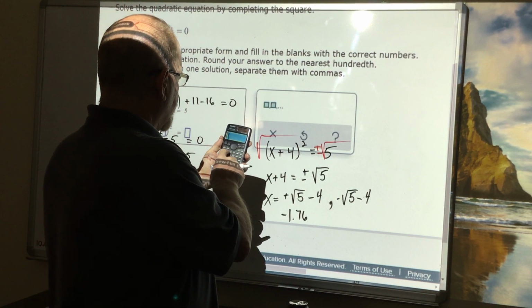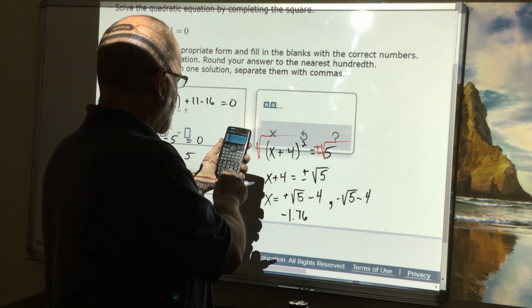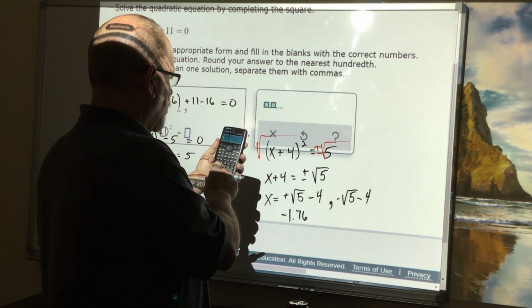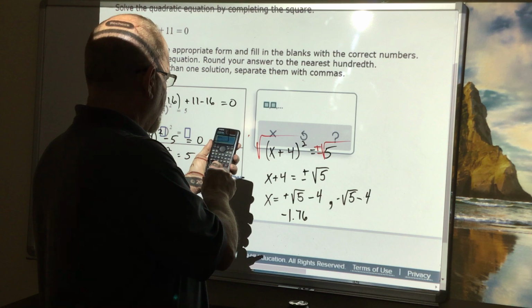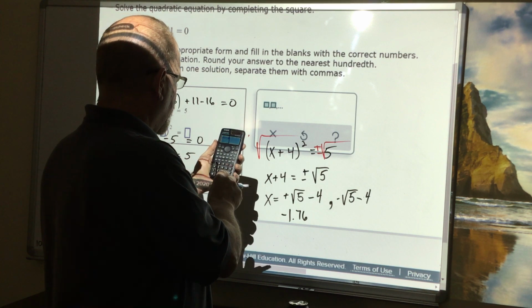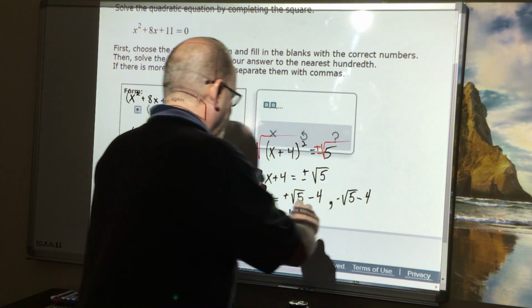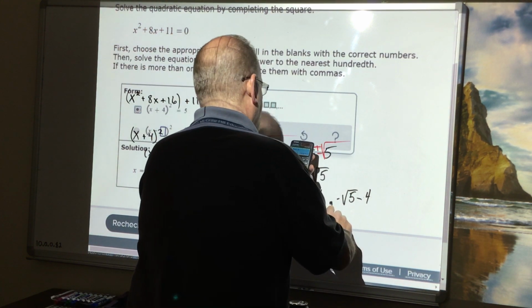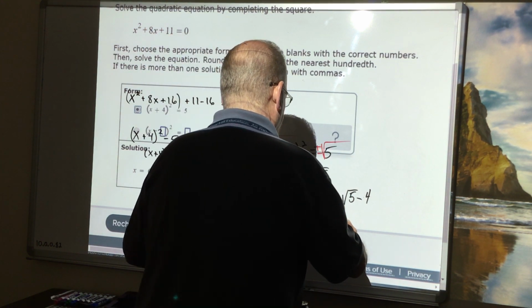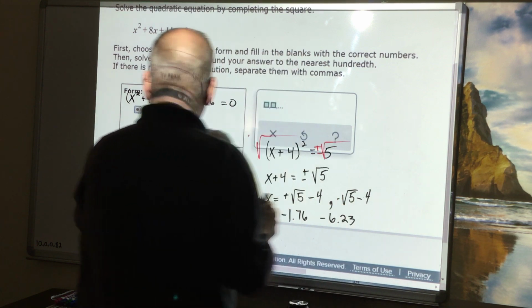Negative square root of 5 plus, or pardon me, minus 4 equals negative 6.23. So I got the negatives of both of those.